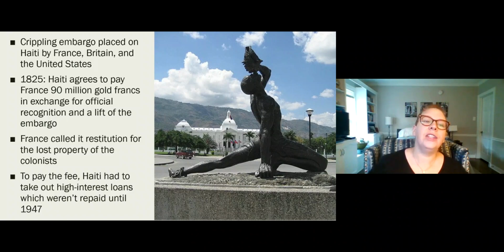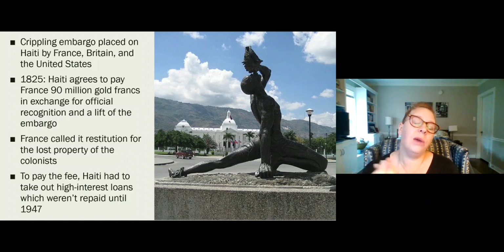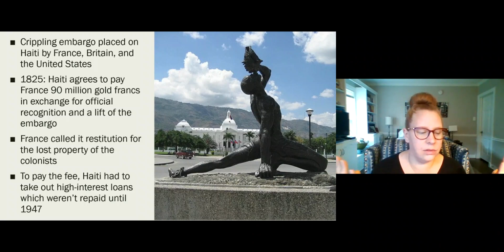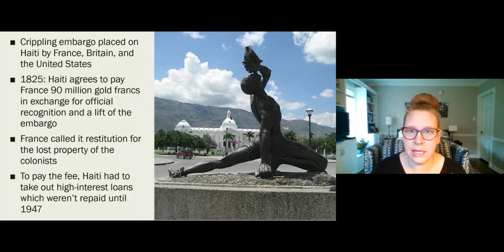So what they do, they had to go to France, Britain, and the United States and take out loans, high interest loans, to pay that, to get that embargo lifted. They were not able to pay off those initial loans until 1947. In the meantime, of course, trying to build their country, they had to take out loans all over the place. And this is why Haiti is so poor. Haiti is so poor because they owe so much money to the large powers who essentially held them ransom because they were mad at them for rebelling against slavery.